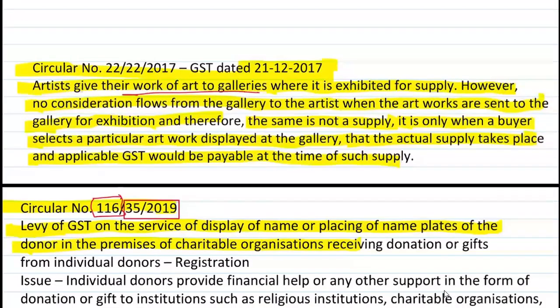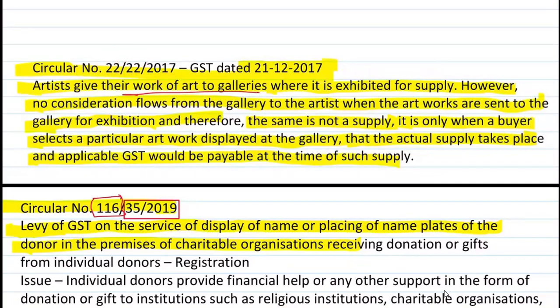Now next circular, now see, it is 2017. That means because 2017 was the year when GST came out, correct? So it is the overall 22nd amendment circular, and of the year 2017 also it is 22nd, because 2017 was the year when this GST was rolled out.